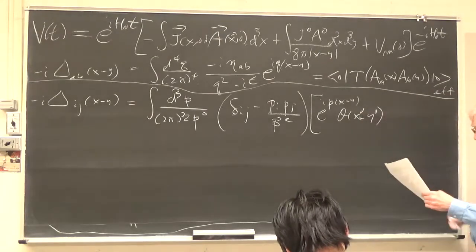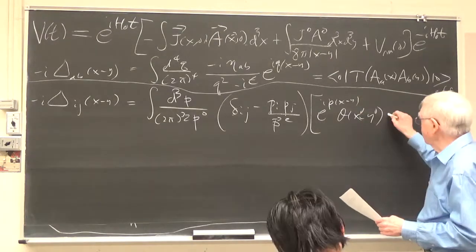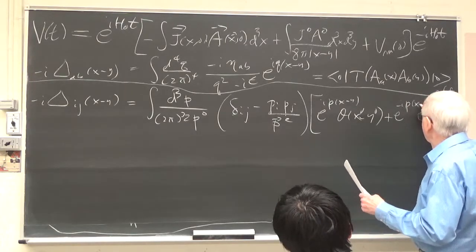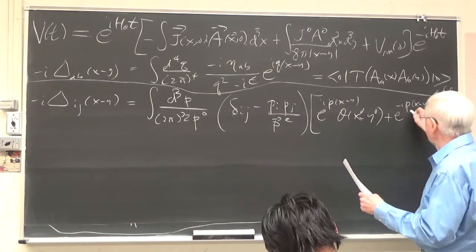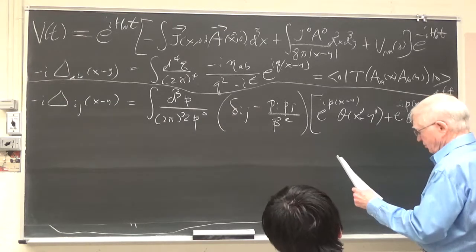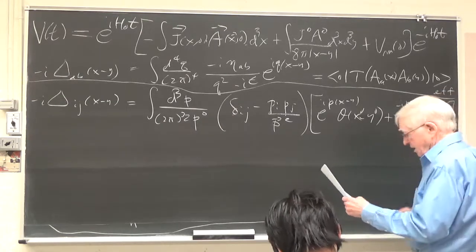Weinberg leaves out the zeros because it just assumes you know it's a time component. It's the theta function is the time component, but I'm going to put them in.